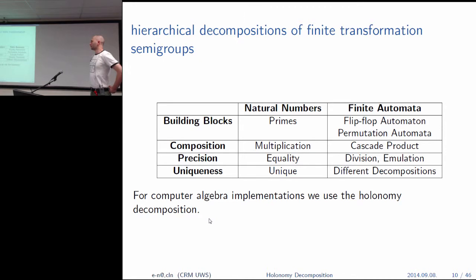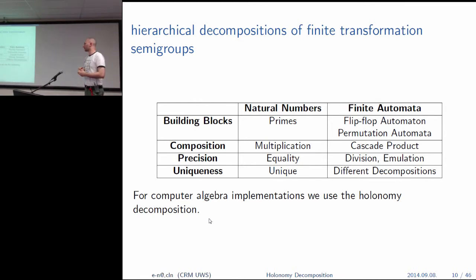And for natural numbers, you get precisely the same thing. If you find the components and you put the components back together, you get exactly the same number back. That's not true for transformation semigroups. Usually you build something bigger which is capable of emulating your original structure.